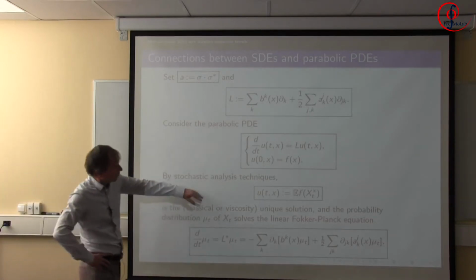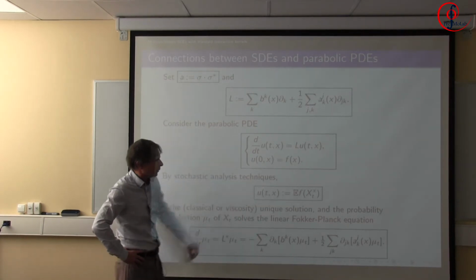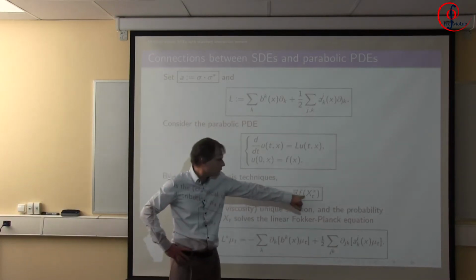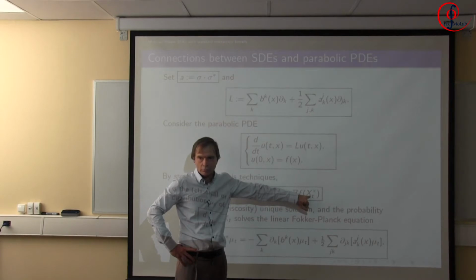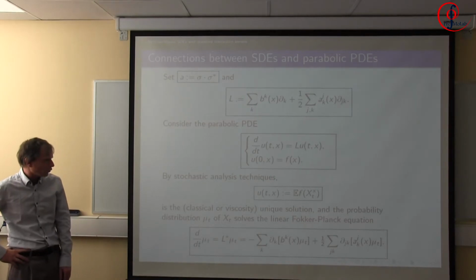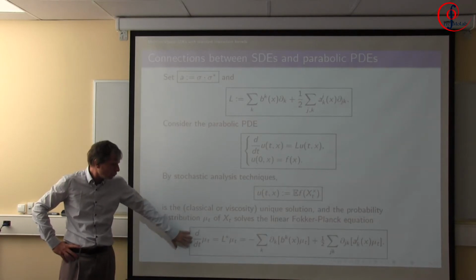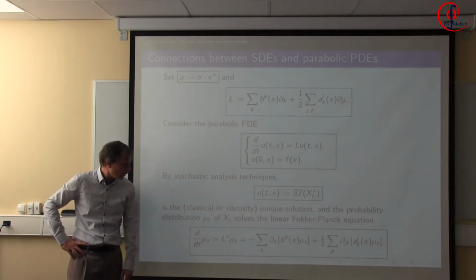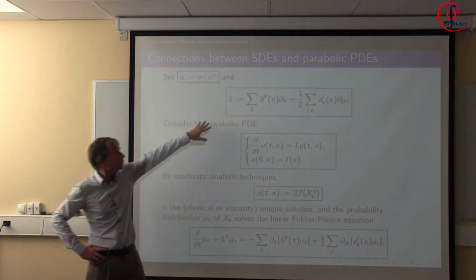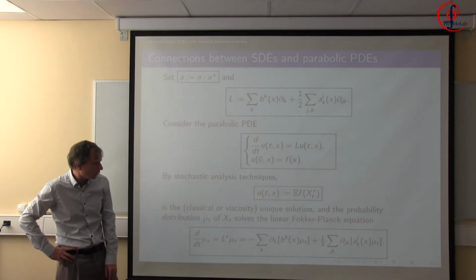Okay, and now if you look at this representation, just by duality argument, you deduce that the probability distribution of X_t, call it mu_t, this mu_t is a probability measure, which solves this linear PDE, d mu_t over dt is equal to L star mu_t, where L star is the formal adjoint of capital L, obtained by integration by parts techniques.